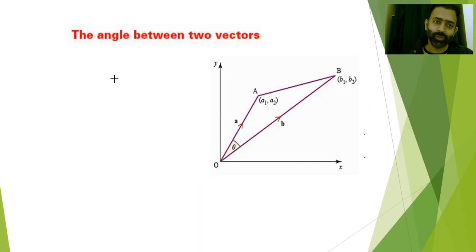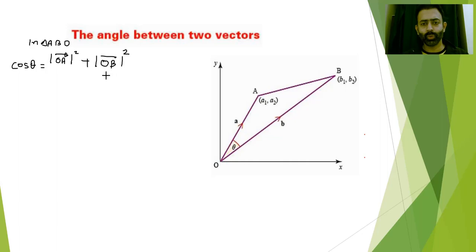The same formula we will use for cos theta in triangle OAB. We have OA as a vector, OB as a vector, and AB as a vector. So cos theta I will write as OA square, and since I'm talking in terms of the sides of a triangle, I'm dealing with the magnitude of vector OA, plus OB.